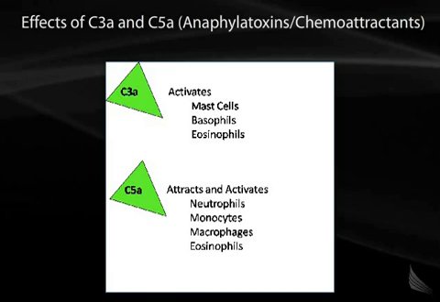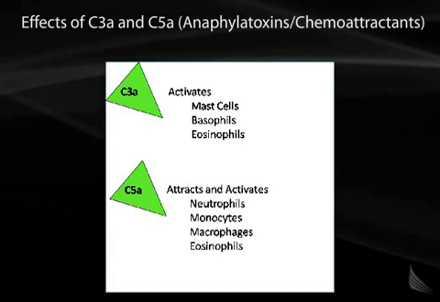C5a tends to attract more of the phagocytes, the neutrophils, the monocytes, the macrophages. So think more of an antibacterial type of phagocytic response with C5a. Now C5a to some extent also can activate eosinophils, so it's involved also with that antiparasite response. But for broad strokes, if you want to paint, C3a is the granulocytes, the antiparasitic type of response.